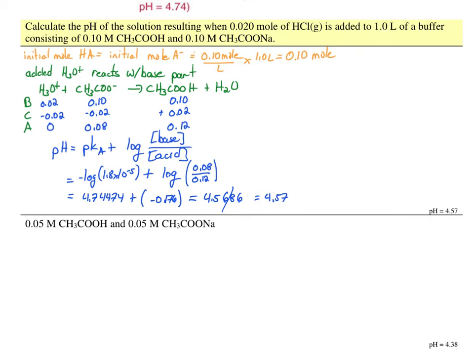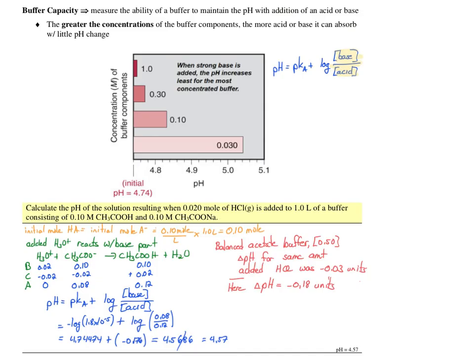You may remember the calculations that we have previously done, in that if we have 1 liter of an acetate buffer and it had higher concentrations, we added the same amount of an acid, we had a much smaller change in pH. This current solution has a smaller buffer capacity.